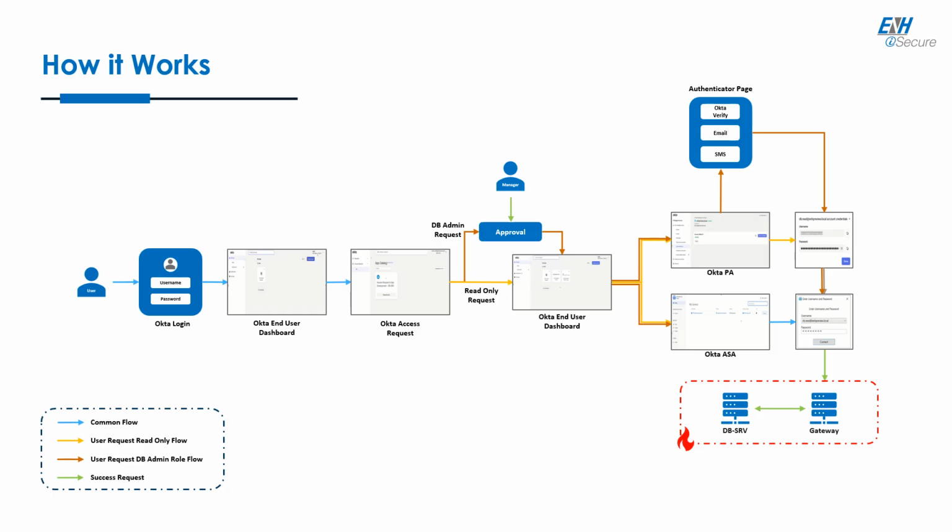After access is granted, the user opens the entitled application in their browser to retrieve credentials from Okta Privileged Access and pass them to the Okta Advanced Server Access app to access the server. However, for the database admin role, an extra step of verification is required before revealing the credentials to the user. Adding an additional layer of security, the user then copies the credentials and uses them to access the resources.